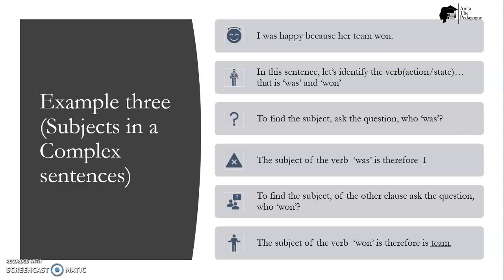The subject of the verb was is therefore I. And to find the subject of the other clause, ask the question, who won? The subject of the verb won is therefore team, because team is performing the action won, while I is in the state of being happy.